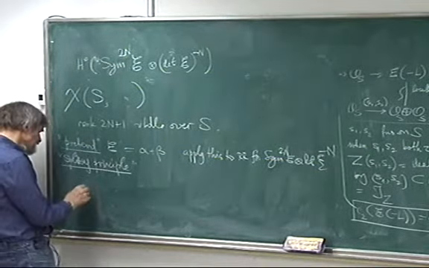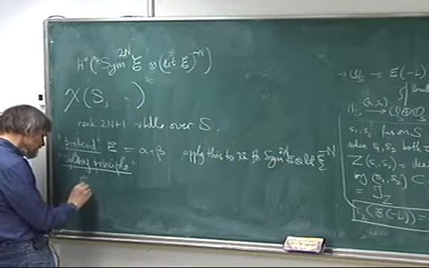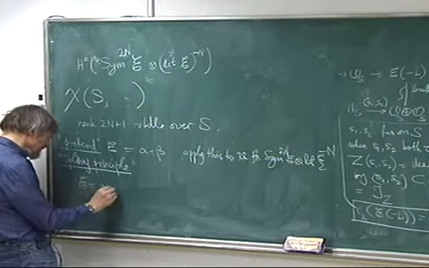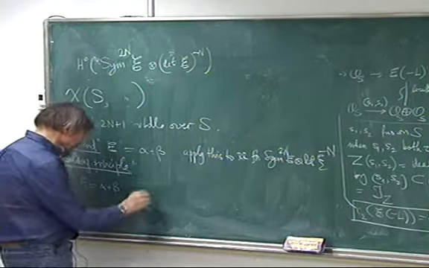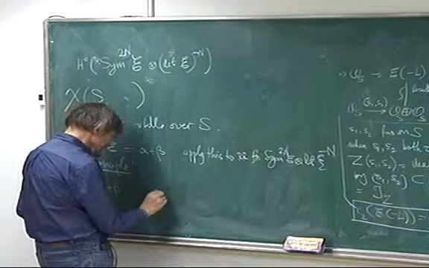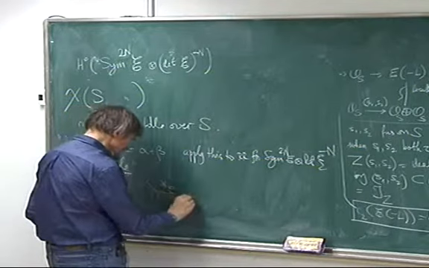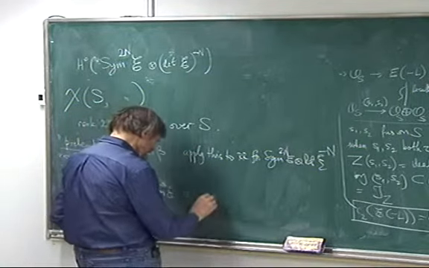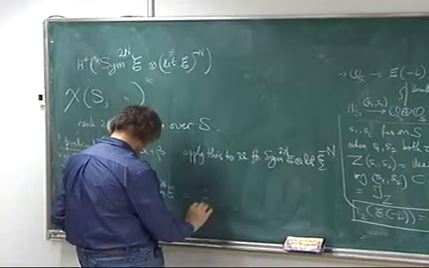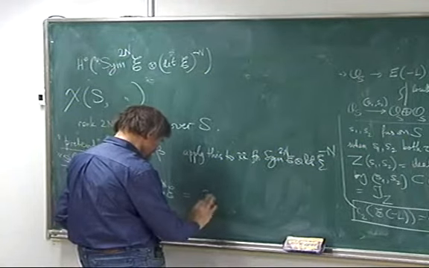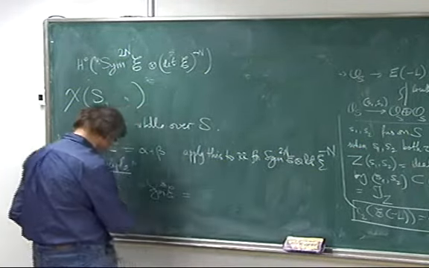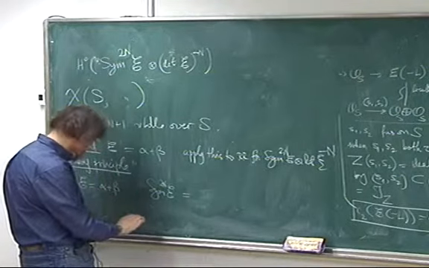So if E is alpha plus beta, then Sym 2n of E is, I don't know whether to use multiplicative or additive notation. I think I'm going to use additive notation.